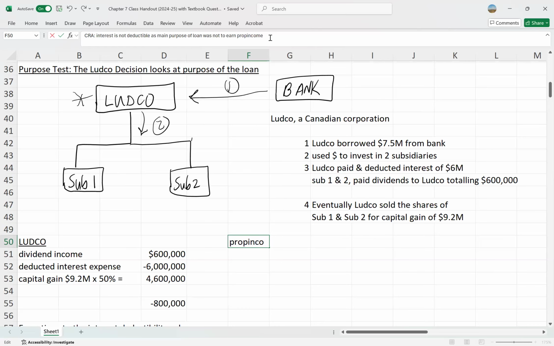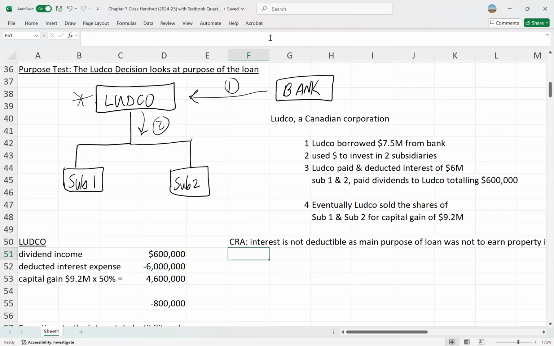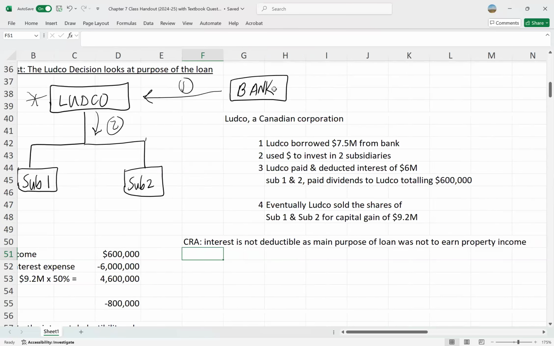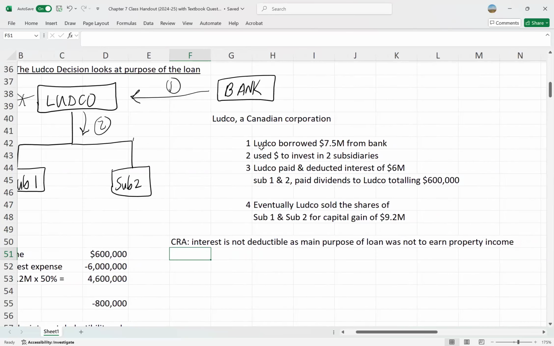The main purpose was not to earn property income, specifically dividend income. You were hoping to sell the shares for a large capital gain. So the CRA said, you can't deduct the interest. We'll let you increase the cost base of the shares, but we're not going to let you deduct the interest against the dividend income. So this is what the CRA said.